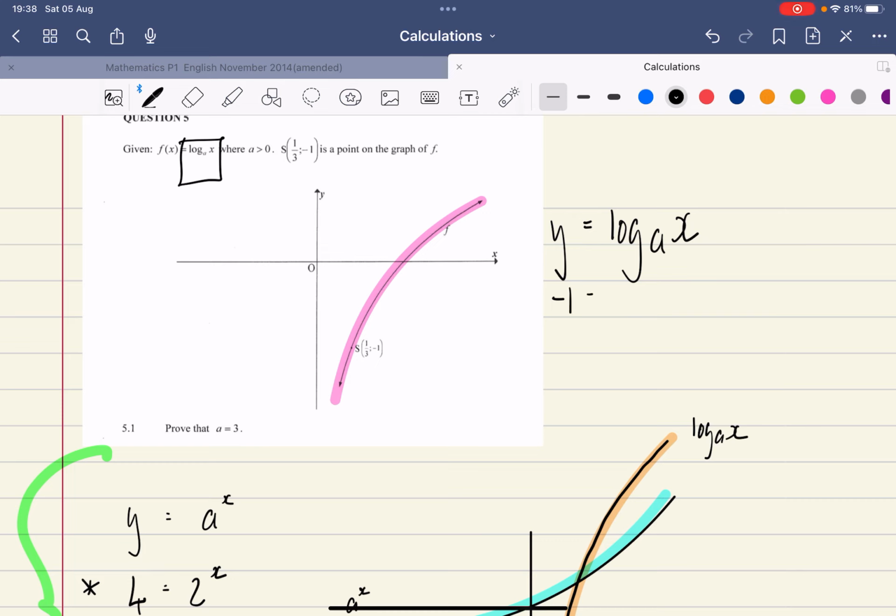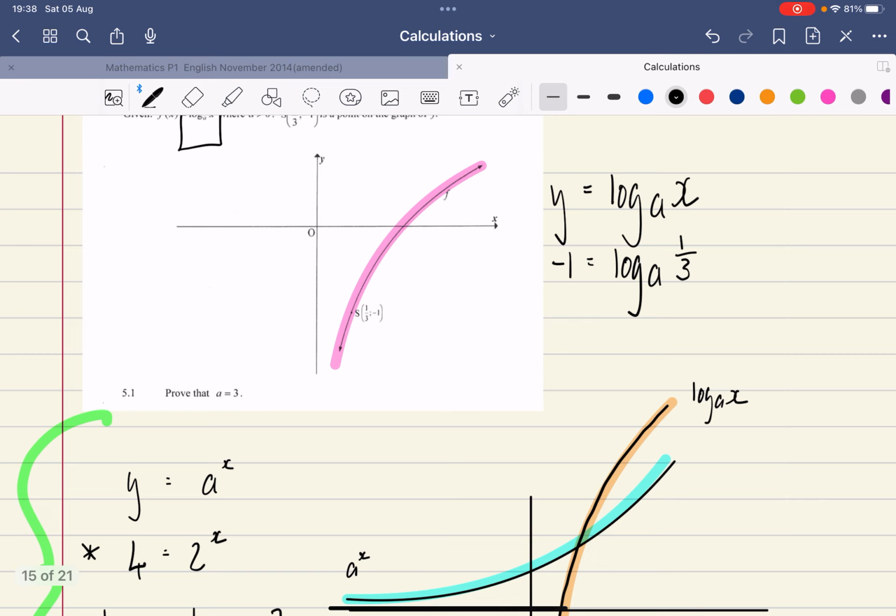So we have minus 1 equal to log base a, where a is the value we're trying to find, which is the base, and x in this case is a third. All right, now you might be thinking, in equations, usually you do the reciprocal to the one side to get rid of a third. You times it by 3, and then it will be 3 on the other side.